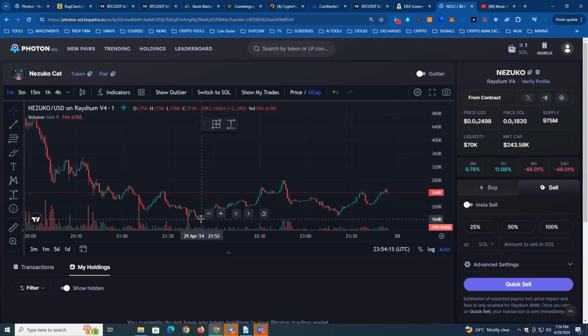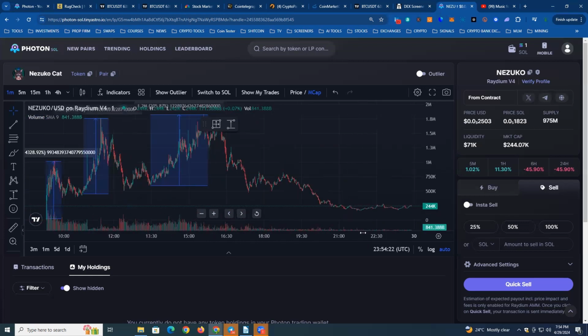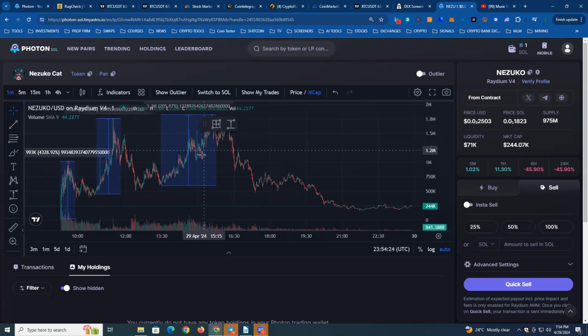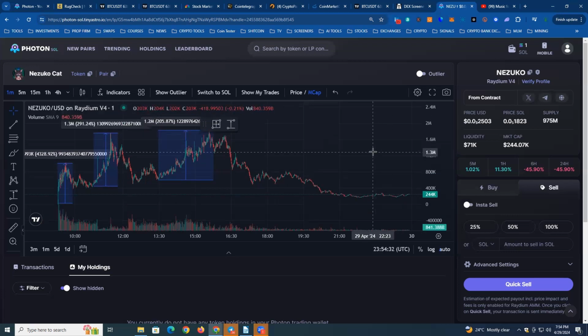For myself personally, this would not be a coin that I would invest in because it has already, for me, had its high points in terms of what the coin is going to do. And at its all-time high, it got to the 1.8 million market cap. And for me personally, I would put this in the dead coin category.